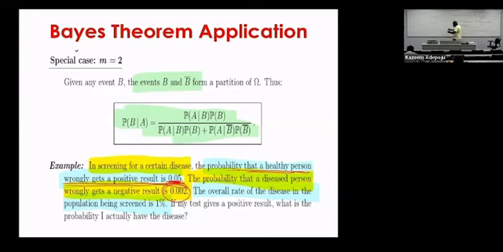So if you are trying to say the probability of A given B bar, right? Let's see. Disease person, disease is present. Any person, disease is absent.